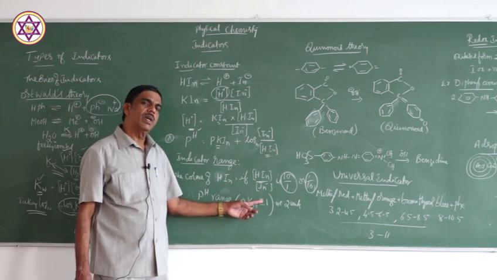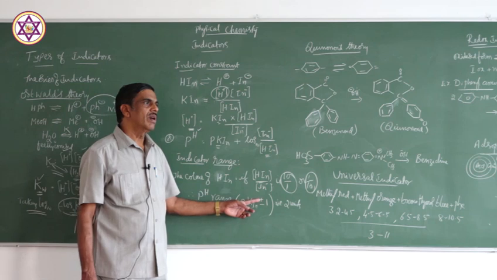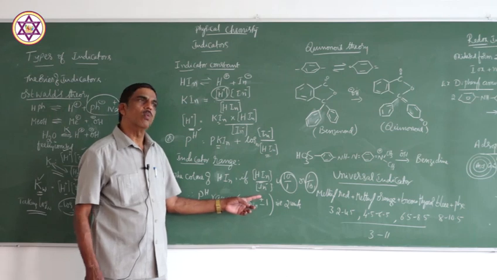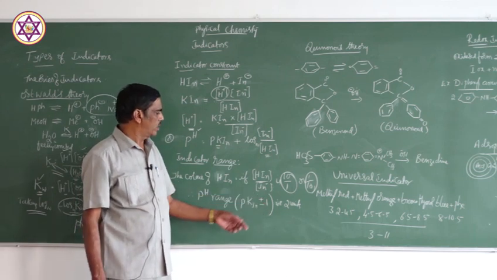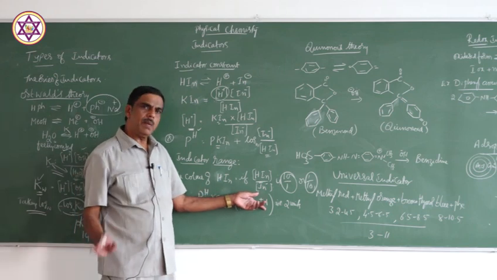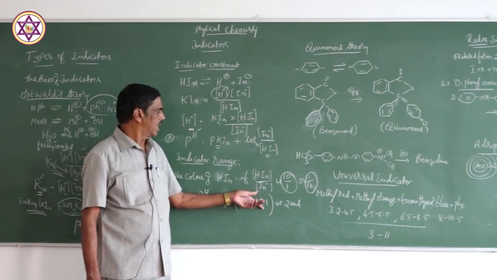For example, in case of phenolphthalein, the indicator range is 8 to 10, 2 units. In case of methyl orange, it is between 3.5 to 5, so the 2 units of range is there, that is the pH range. At that pH range, these acid base indicators show different colors.